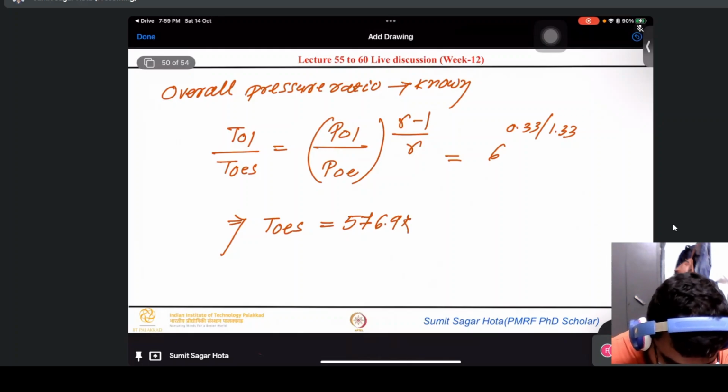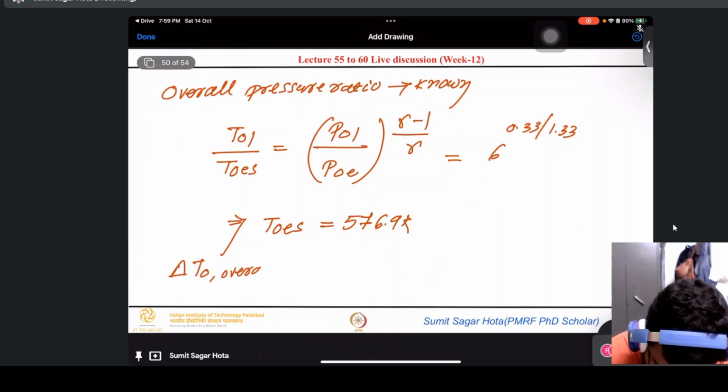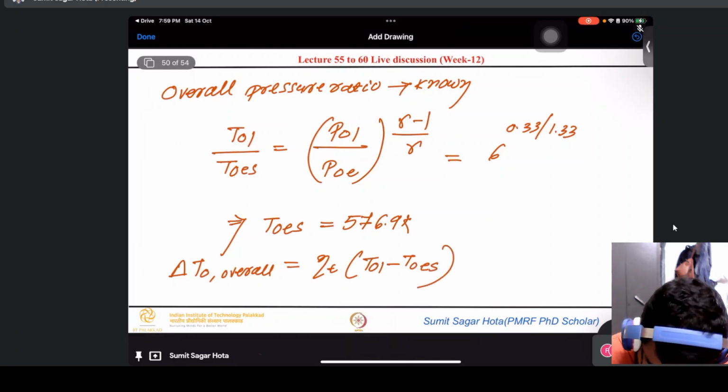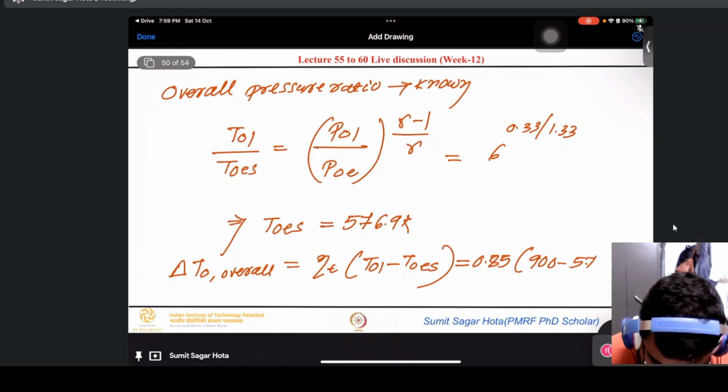So delta T naught overall, the efficiency of the turbine, 0.85 times T1 minus T naught ES, that is 900 minus 576.9, equal to 274.6 Kelvin.